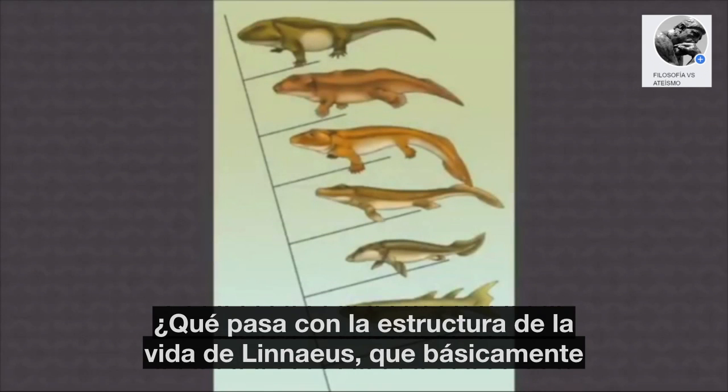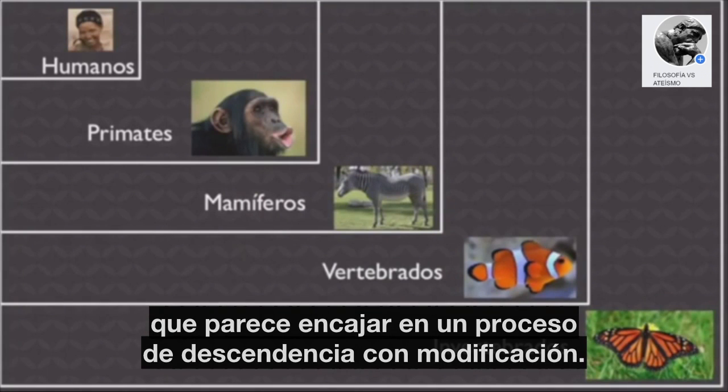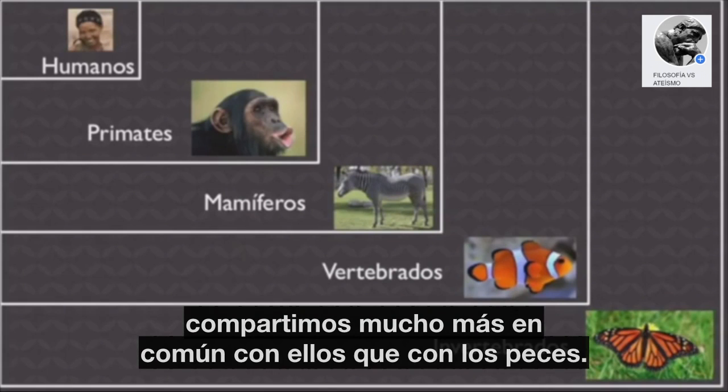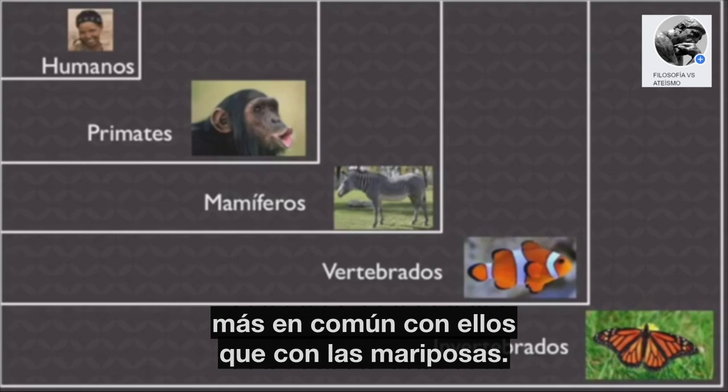What about the structure of life? Basically from Linnaeus, the groups within groups, or nested hierarchical classification of life, that would seem to fit a process of descent with modification. Humans are grouped with primates because we share much more in common with them than we do with fish, but we're grouped with fish because we share more in common with them than we do with butterflies.